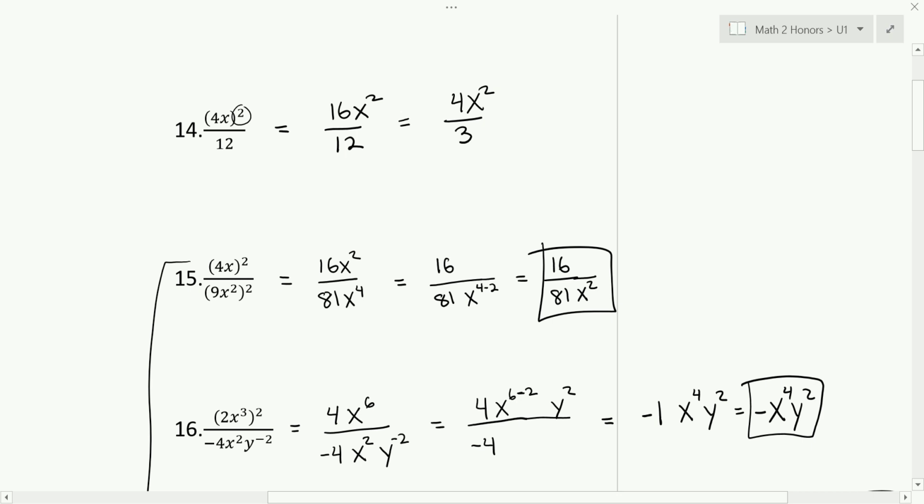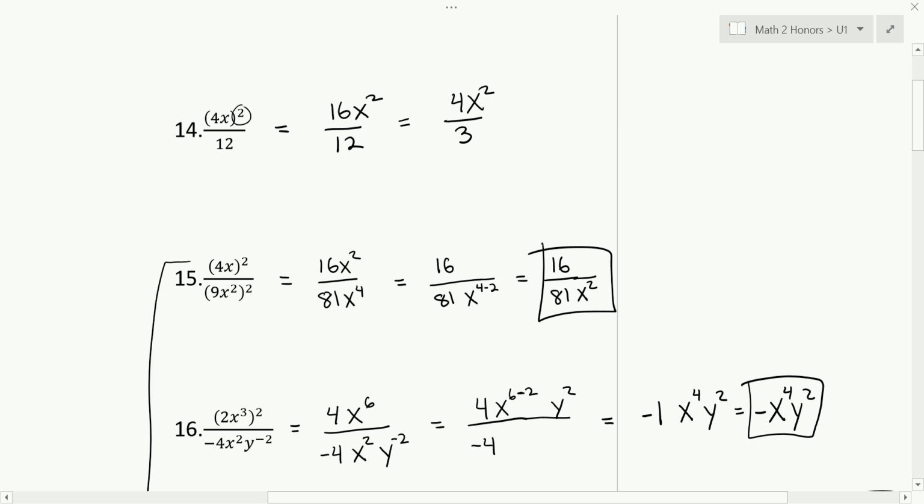So working through this, the numerator is going to be 4x to the 6th. Okay. I have one negative exponent, y to the negative 2. That needs to move. So I move it to the numerator. I have something in the numerator and the denominator with the same base. They both have base x, so I need to subtract those exponents.